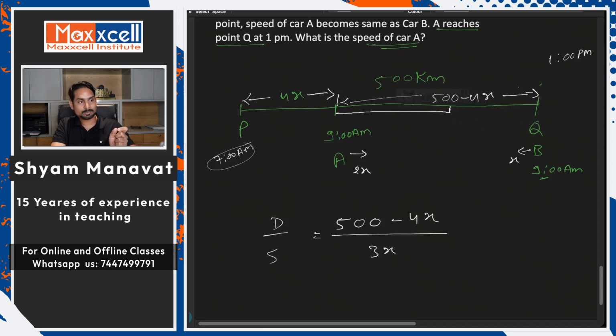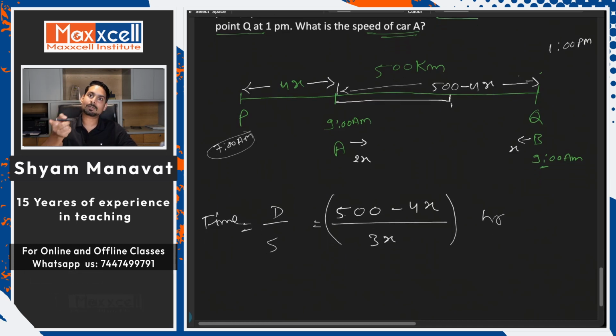Opposite direction, 2x plus x, that will get you the time in terms of hours. So after these many hours they are meeting. That means A is traveling for (500 minus 4x) by 3x hours, and B has also traveled for the same time.